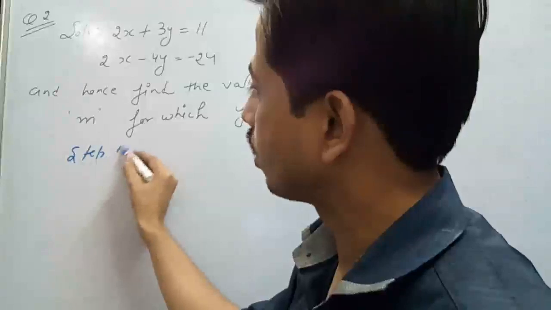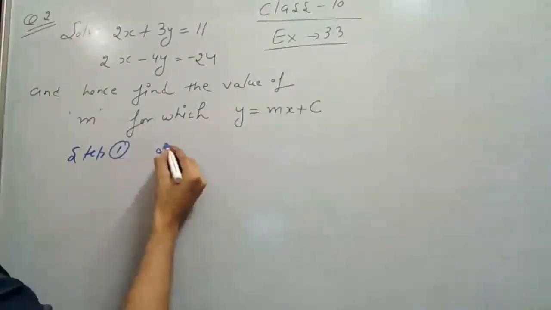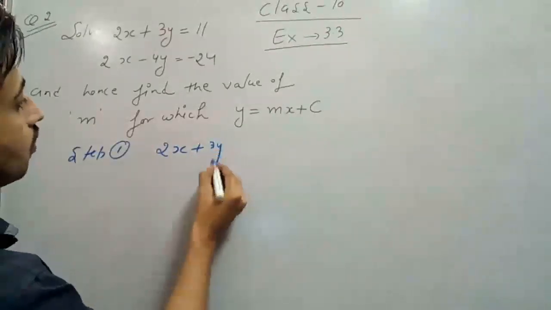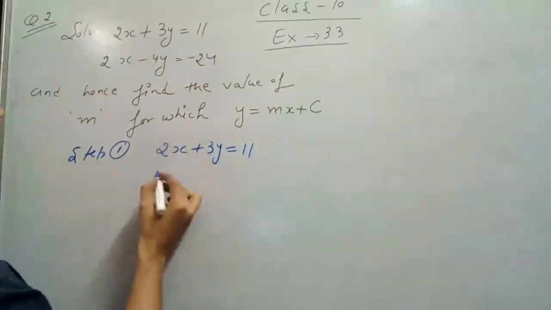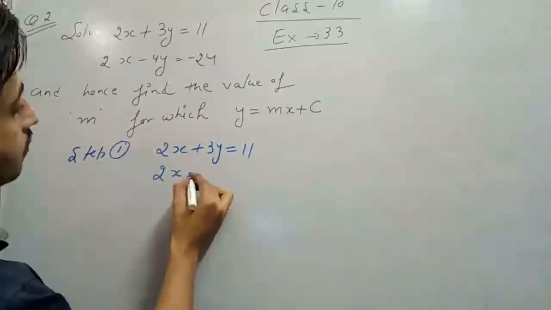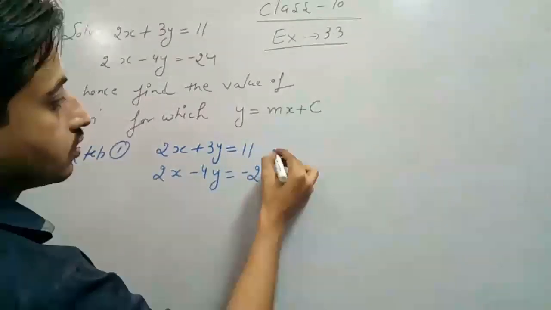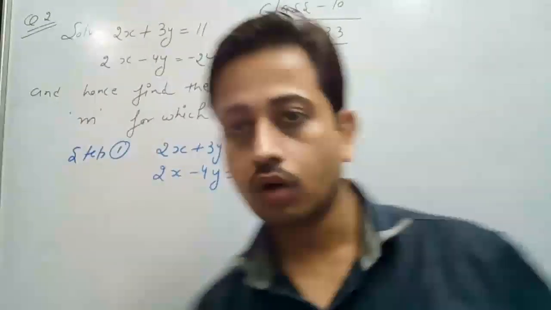Step 1: we have to write the equations. Your first equation is 2x plus 3y is equal to 11, and the second equation is 2x minus 4y is equal to minus 24. This is equation 1 and this one is equation number 2.